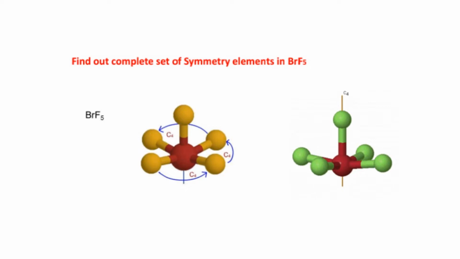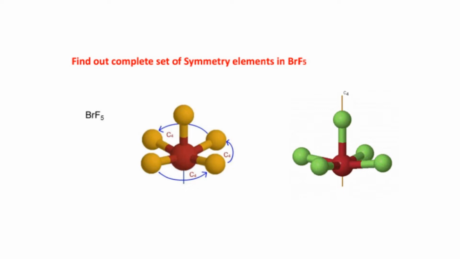So first of all, we should write the identity of the BrF5 molecule. After writing the identity of the molecule, we should talk about proper rotations if they are present in BrF5. Now, if we talk about identity, here we can see it is the center of the molecule.